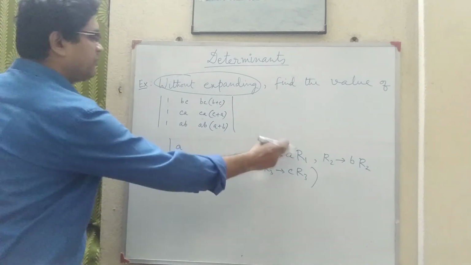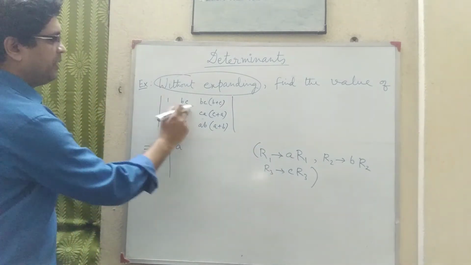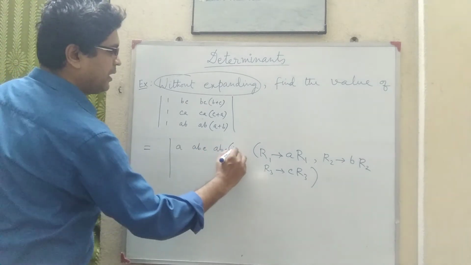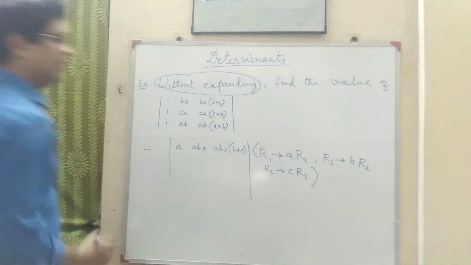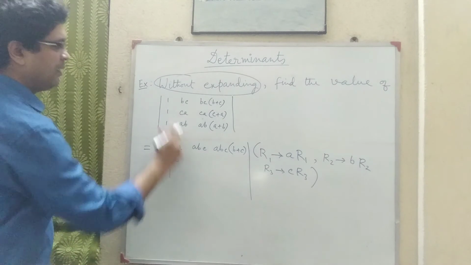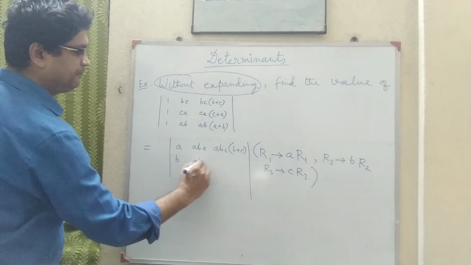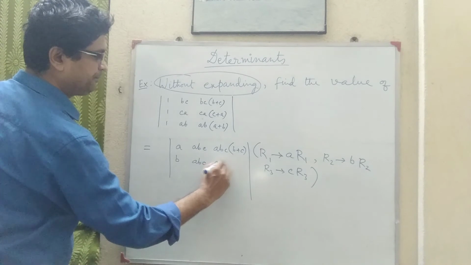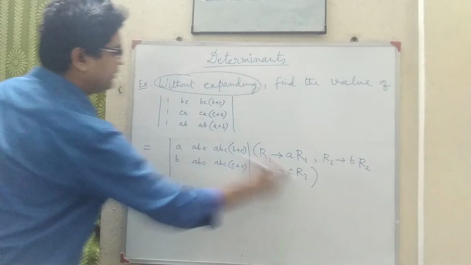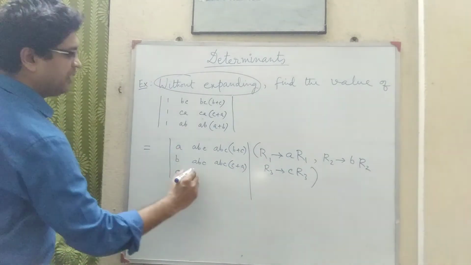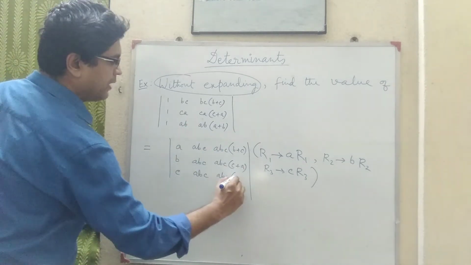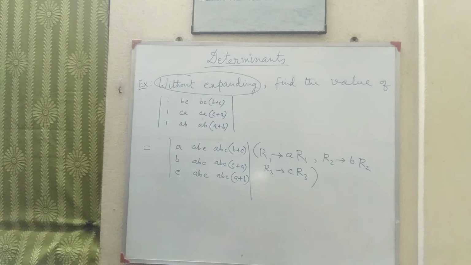The first row we have multiplied by A, so it will be A, ABC, and also ABC into B plus C. Now the second row we have multiplied by B, so it will be B, BCA, that means ABC, and here also BCA, that means ABC into C plus A. Here the third row is multiplied with C, so it will become C, CAB, that means ABC, and here also CAB, that means ABC into A plus B.